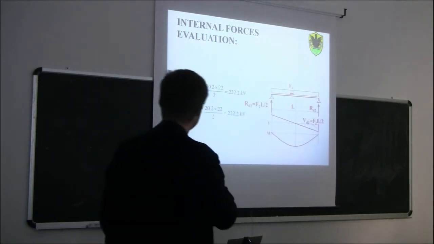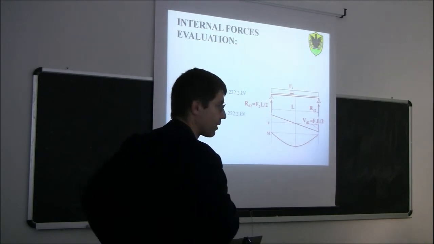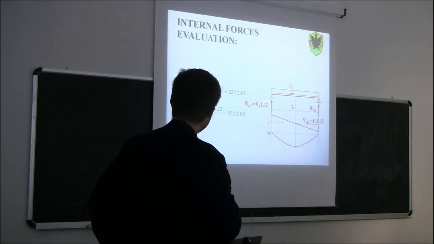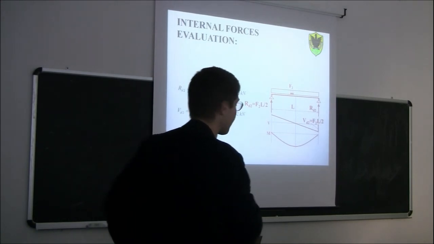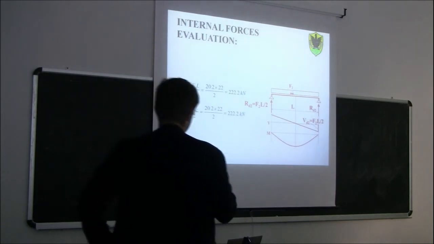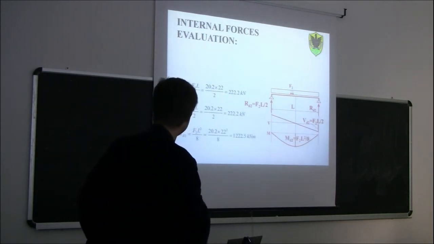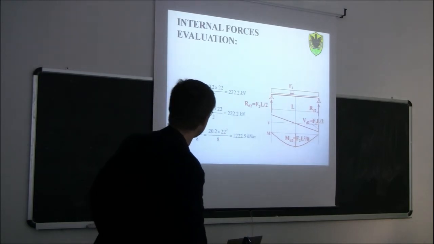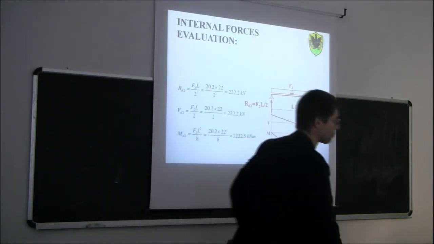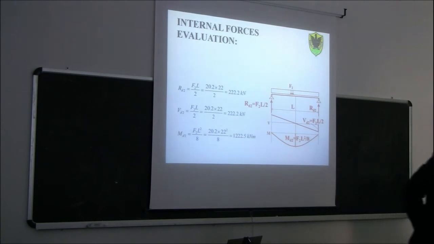So you can replace the symbols with numbers. 20.2 kilonewton per meter times 22 meter divided by 2 is 222.2 kilonewton of restraint reaction. This is also, as we said before, the maximum shear over the support. And then the maximum bending moment, 20.2 load times 22 squared divided by 8, is 1,222.5 kilonewton meter. Okay?